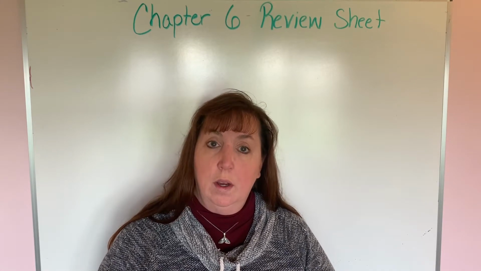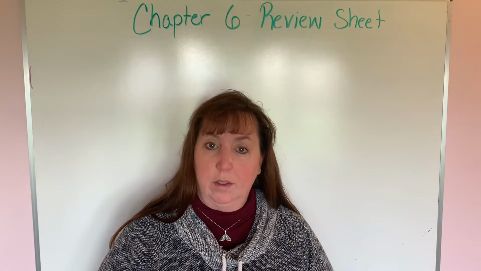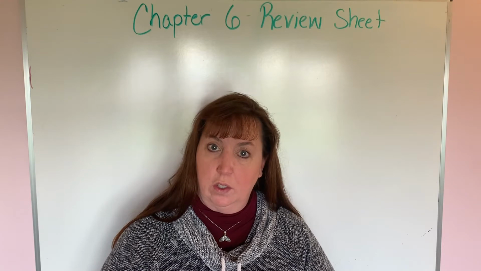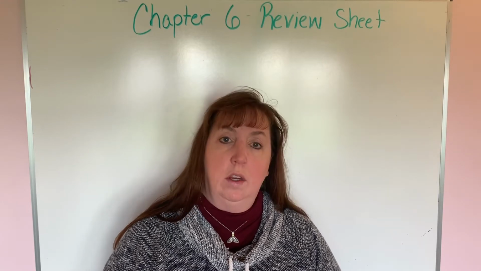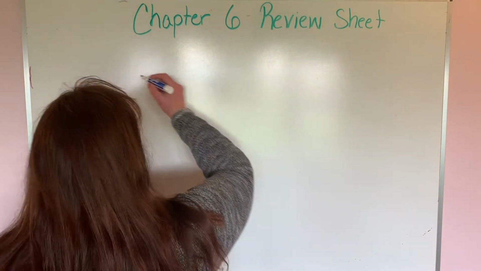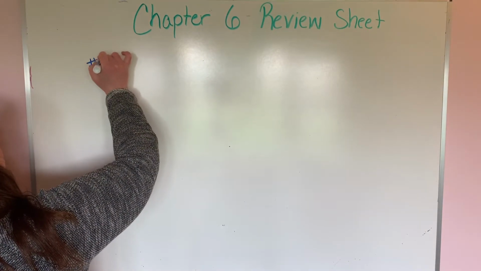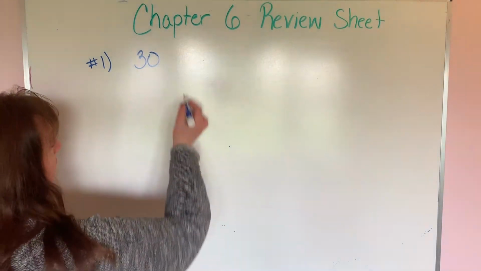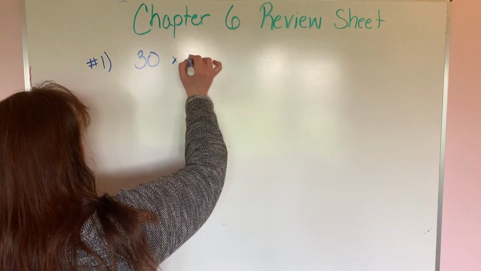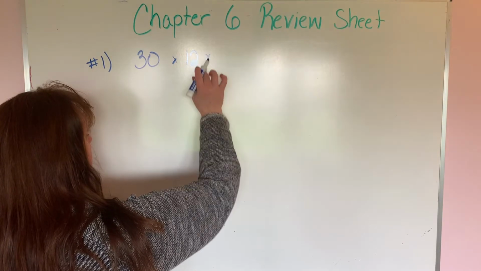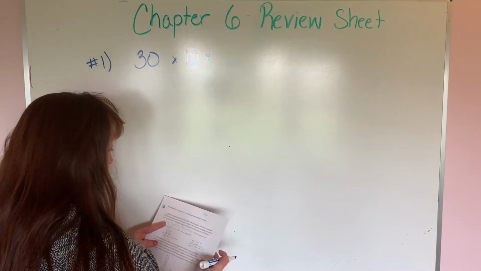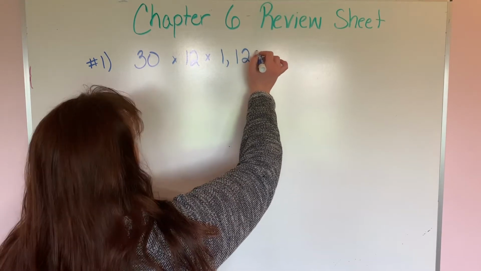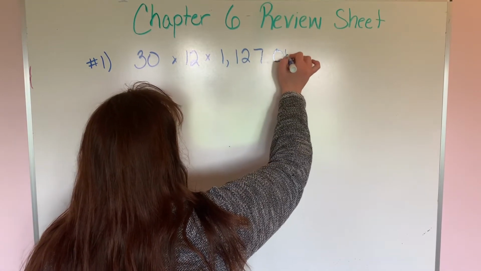All right, so the first thing we need to figure out is how much she paid using these payments over the 30 years. So she has a 30-year mortgage. She pays 12 payments a year, so we're going to times it by 12. We're going to times that by the amount she pays per month, which is $1,127.04.